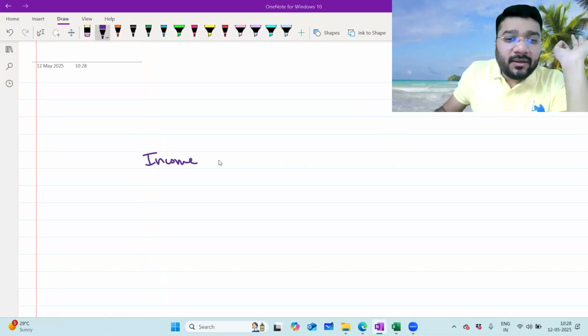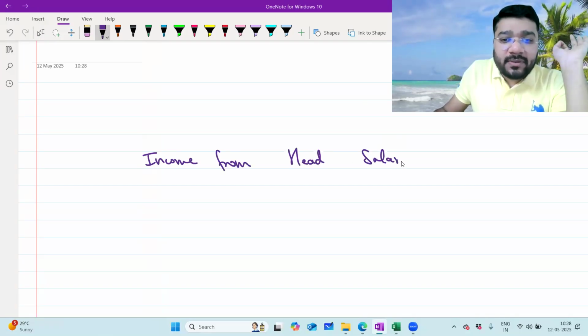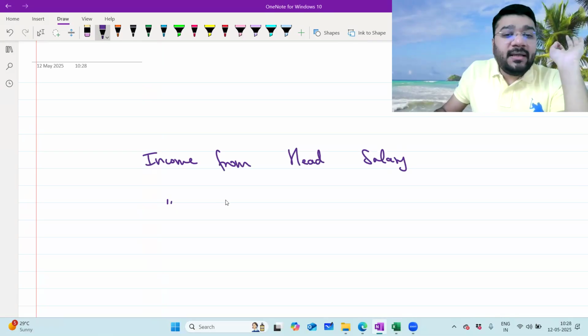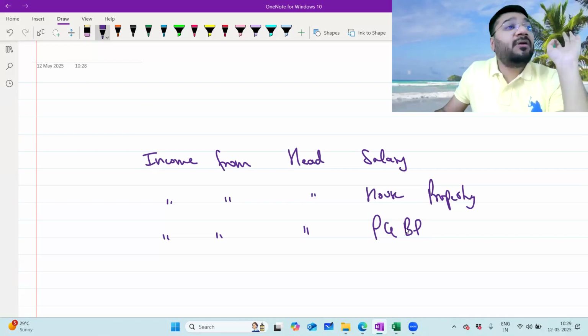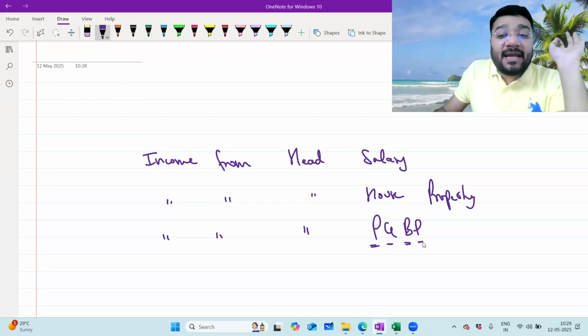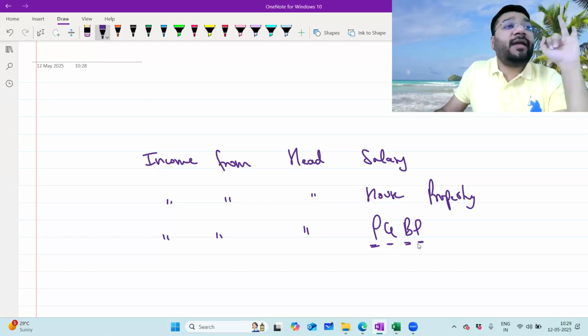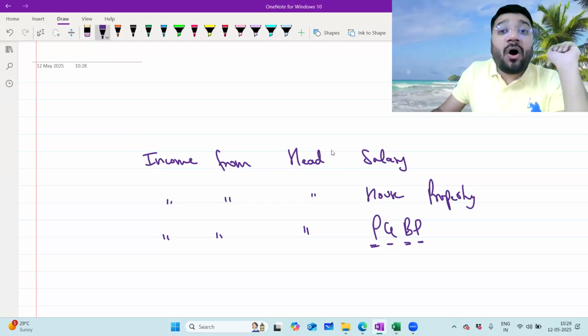Income from the head salary. Income from the head house property. Income from the head PGBP. P means profit and G for gains on business and profession. Profits or gains on what?